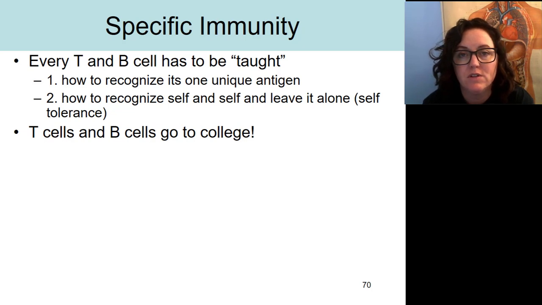So every single T cell and every single B cell has a receptor on its surface that's very specific to one antigen. So we have to go through that process of, if you will, teaching the T cell and B cell to recognize its antigen. The second thing every T cell and B cell has to be taught is how to recognize self as self and leave it alone. So basically, I like to say that T cells and B cells go to college to learn this stuff.